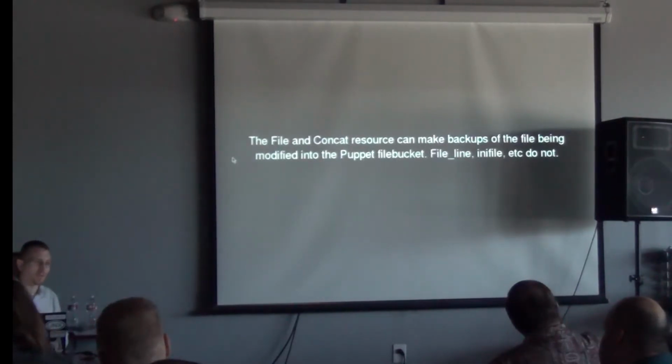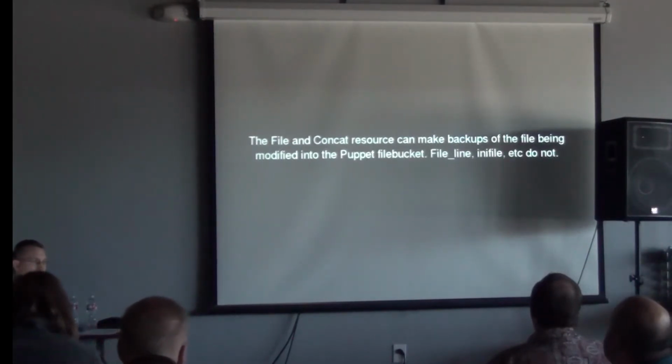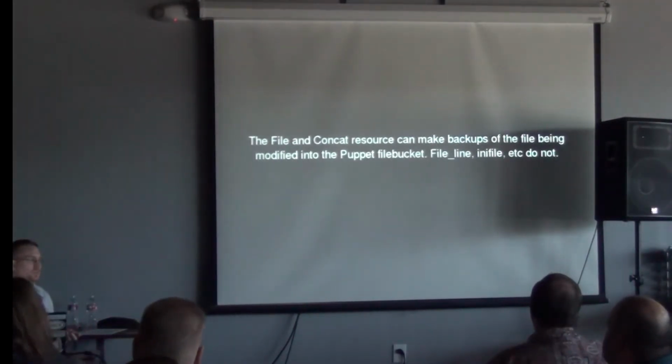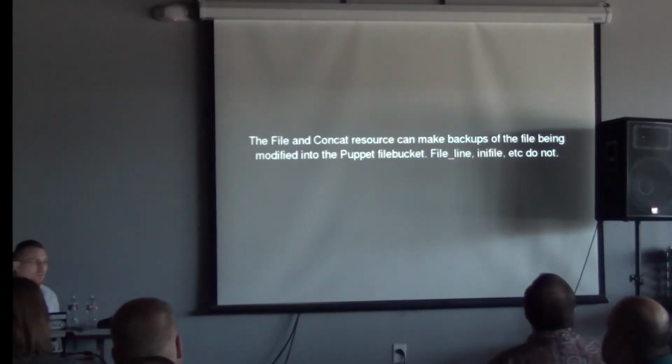If you're using some of the line-based methods with FileLine and iFile, you don't actually get the backups. They will just go out and modify your file and make sure those modifications stay in place. So if you're looking for the ability to recover to what the previous version might have been, make sure that you understand that there won't be a previous version if you're using some of those line-based methods.